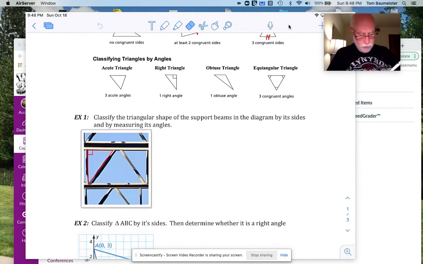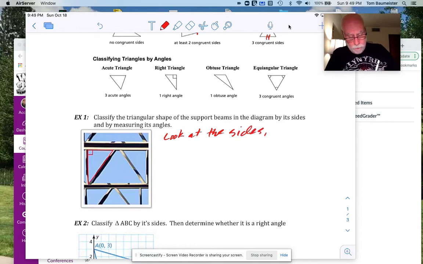All right, so like I just said, let's look at the sides. And just like I said, there's no tick marks.